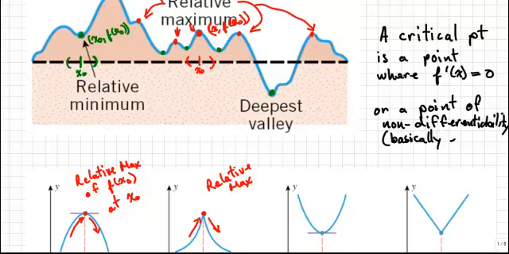Basically, you could say that f prime of x doesn't exist for that value. Right, it's undefined in many cases.